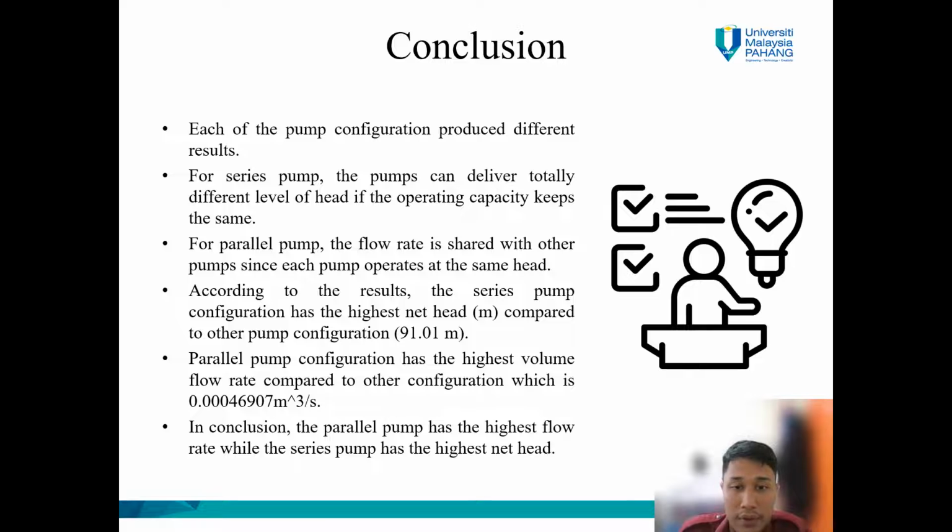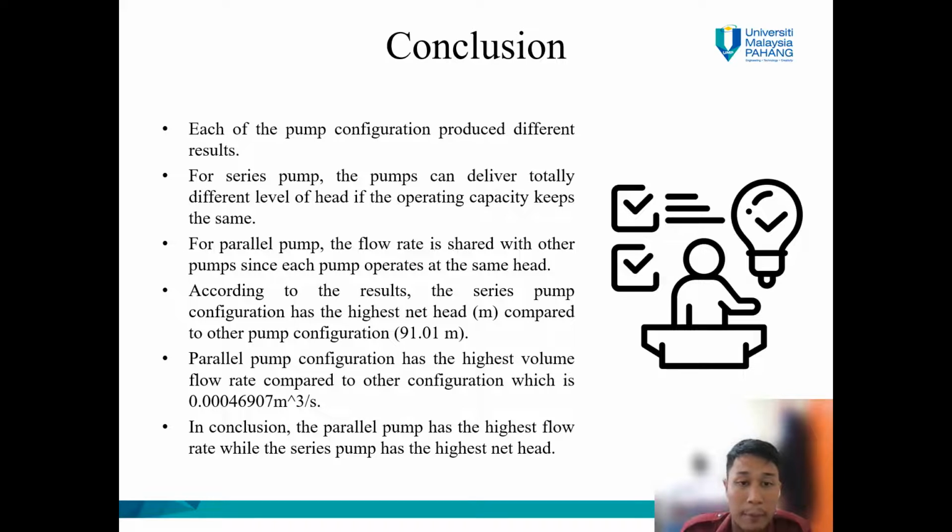For the series pump, the pumps can deliver a totally different level of head if the operating capacity stays the same. This we get from the theory of the series pump. After that, the theory for the parallel pump: the flow rate is shared with other pumps since each pump operates at the same head. The theoretical knowledge of series and parallel pumps is the same as the results that we get from this experiment.